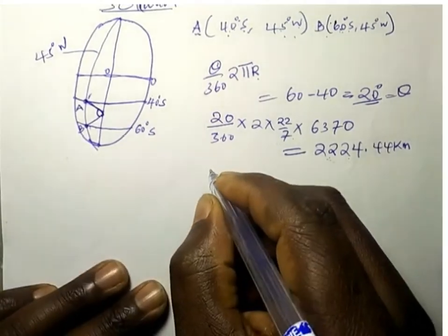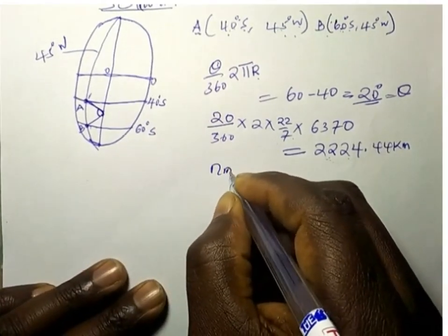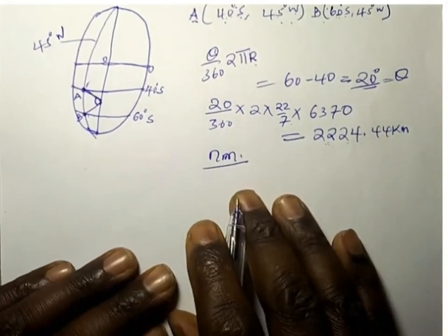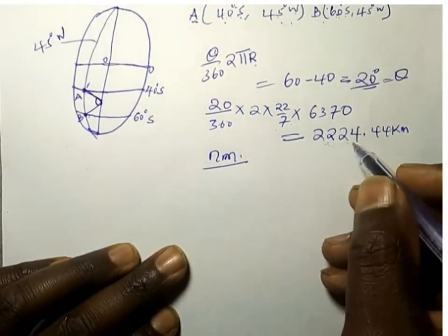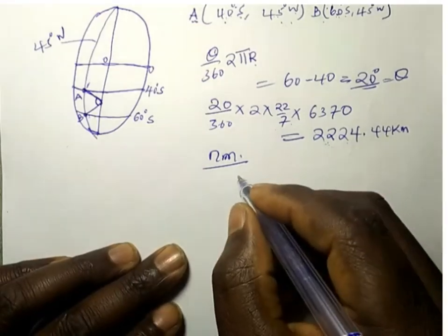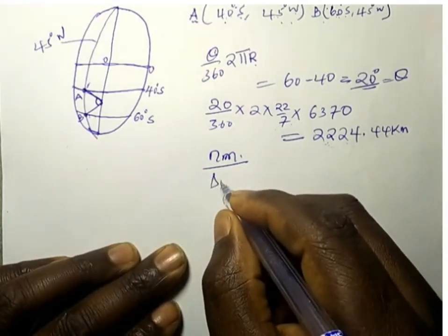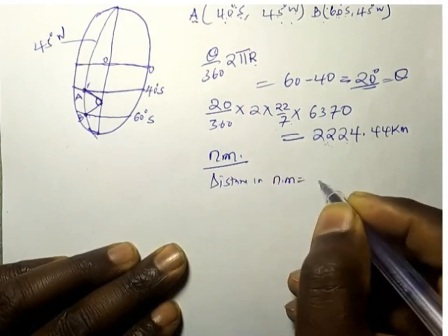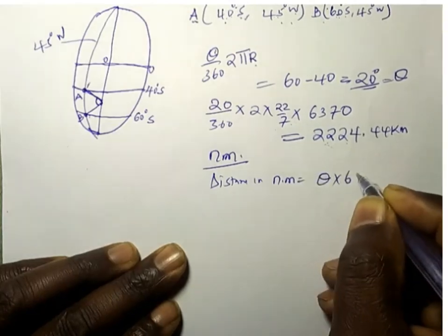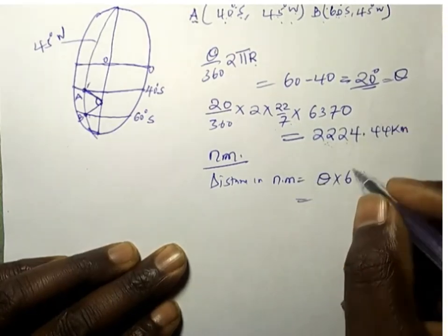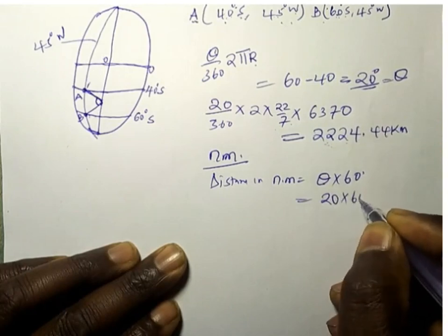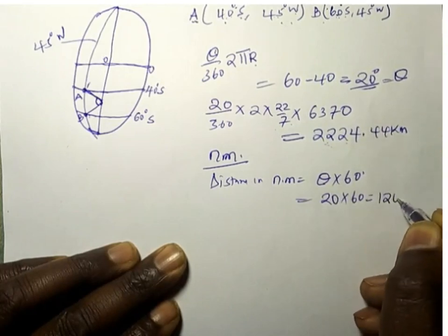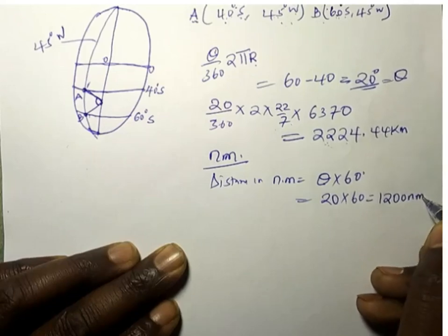We can now calculate in nautical miles. The distance in nautical miles is given by theta times 60. So theta we have is 20, times 60, and that gives us 1200 nautical miles.